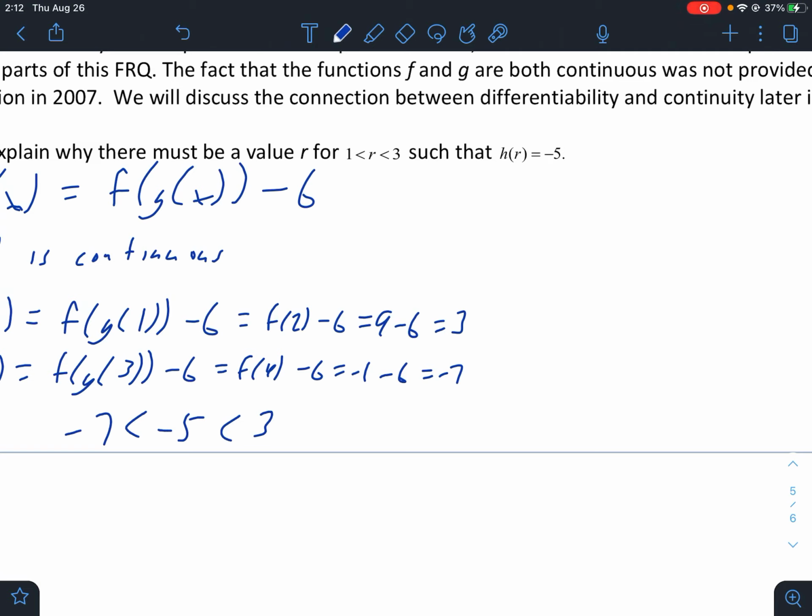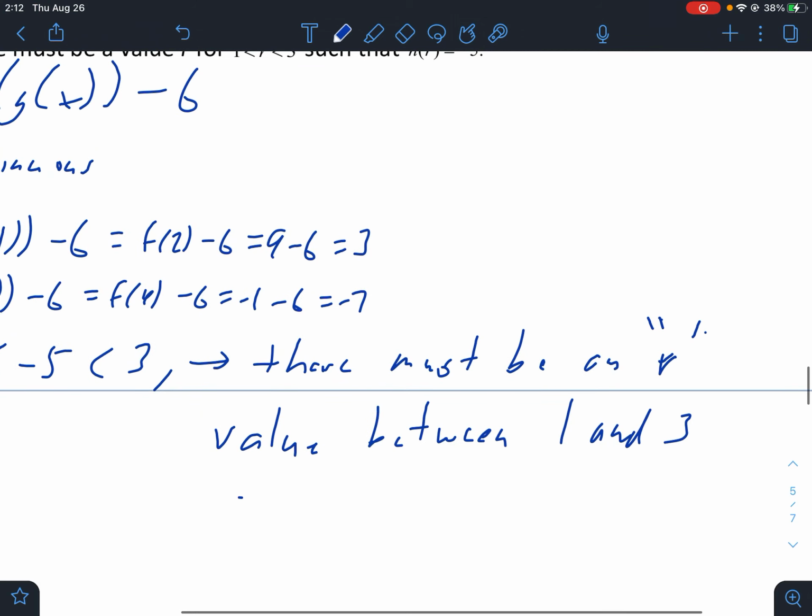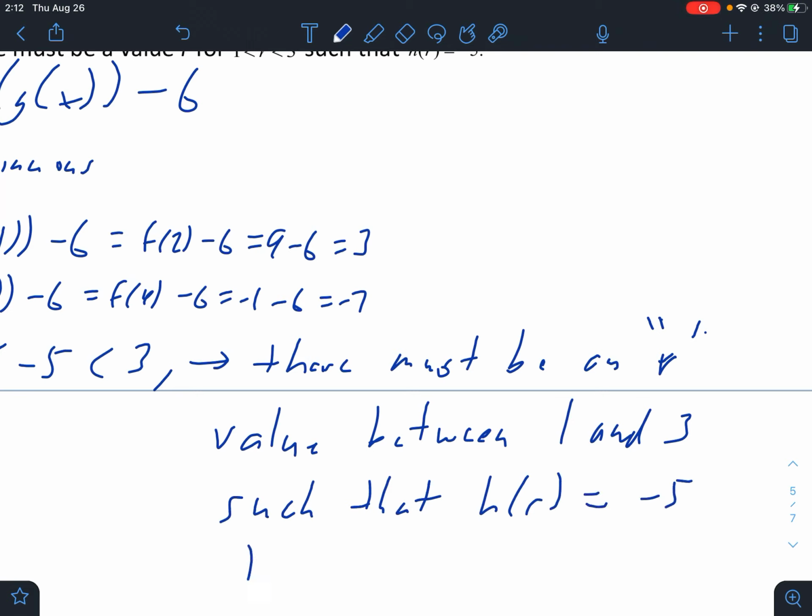So because negative 5 lies between negative 7 and 3, there must be an r value between 1 and 3 such that h of r would equal negative 5 by the IVT.